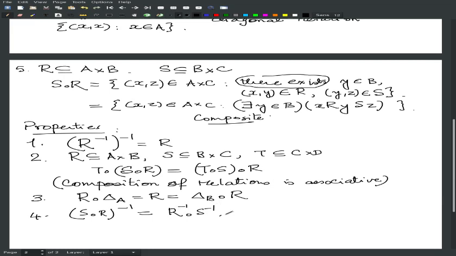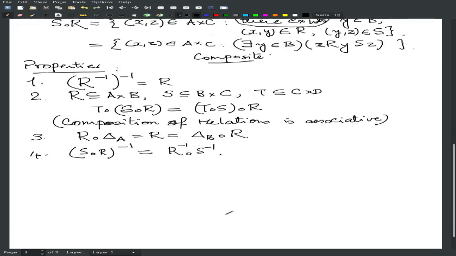Now, there are several other properties. Equality of relations is, again, relations are sets, so two relations are same if as sets they are same, and so it just means that the things you are relating are exactly the same in the two and so on.